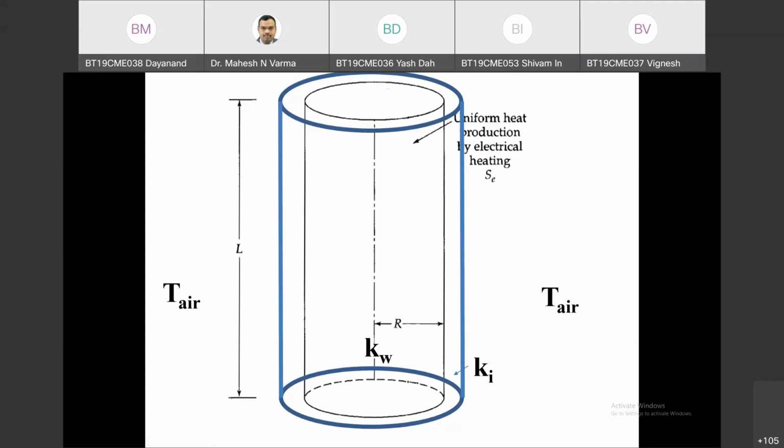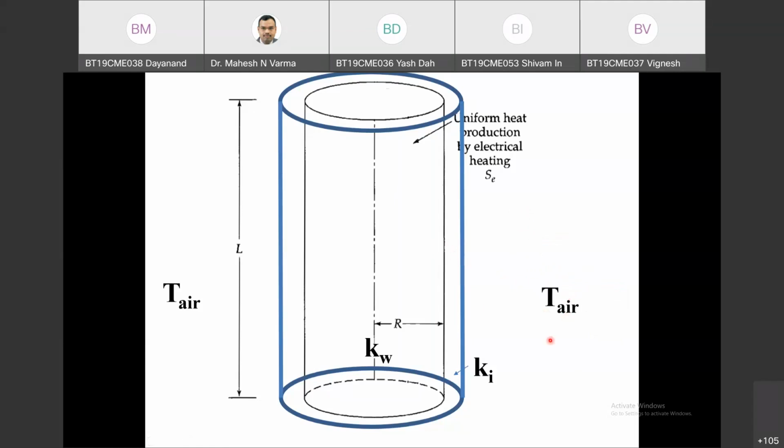How to solve this problem? Sir, like the previous problem, T will be equal to S R square by 4K plus C2. Okay, so anyway, this temperature we were talking about. Now there is one more layer of insulation. There, that was directly exposed to air.